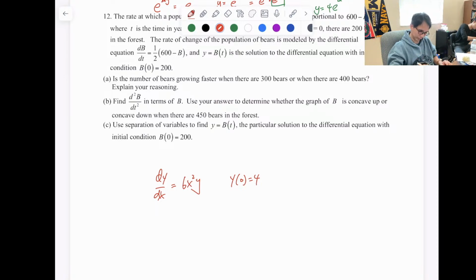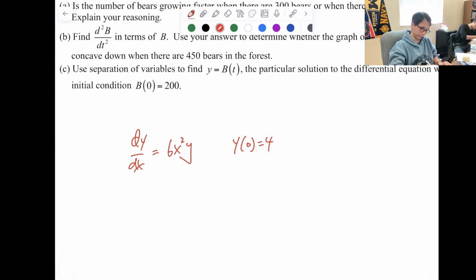Now, dy equal to 6x squared y dx. This step, no big issue. Separation of variables. Nothing crazy. Now, what do I do next? Divide by y on both sides, right?